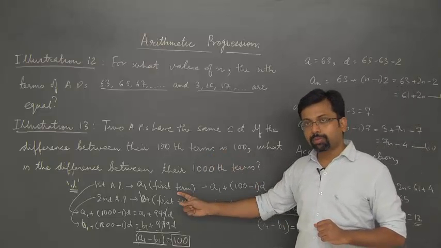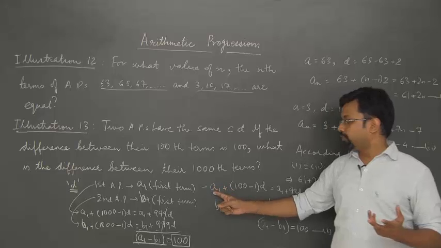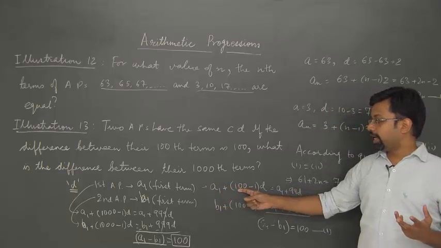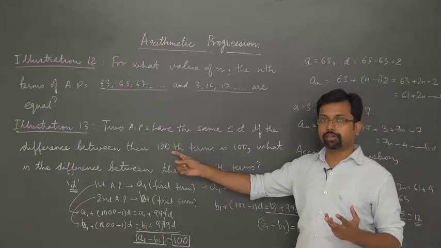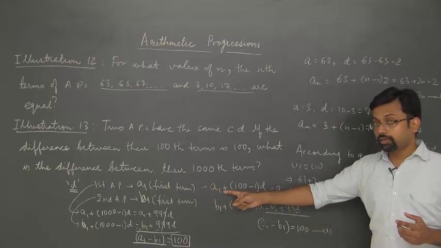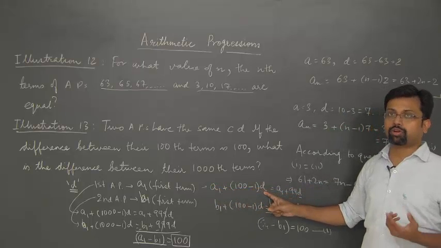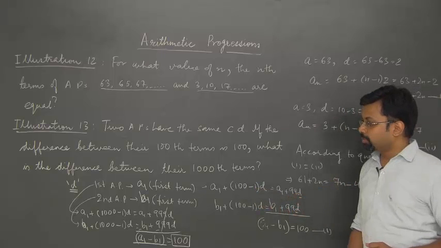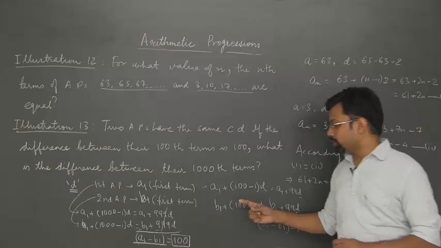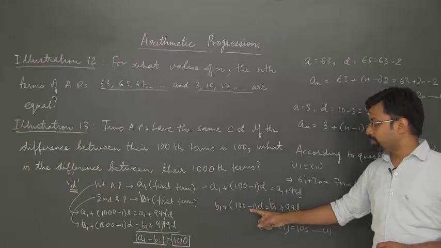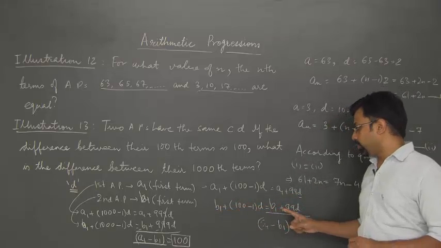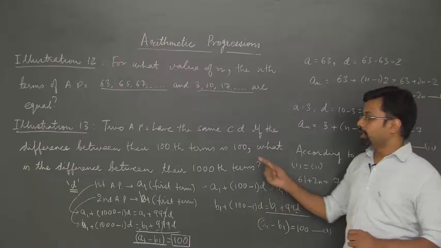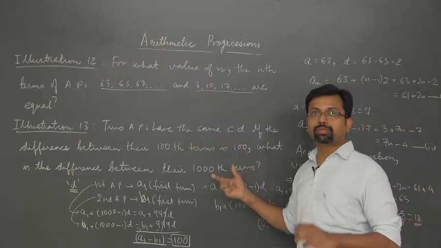For the first AP, the 100th term will be A1 plus 100 minus 1 into D, which is A1 plus 99D. Similarly, for the second AP, the 100th term will be B1 plus 99D.